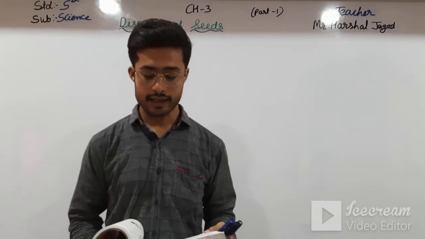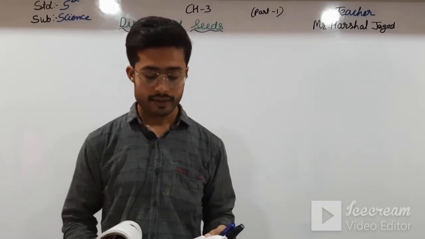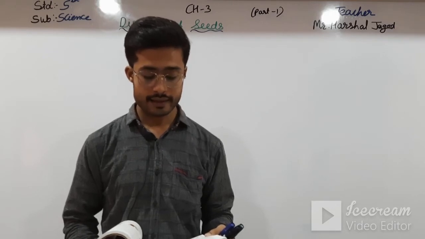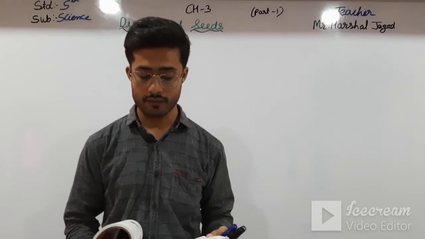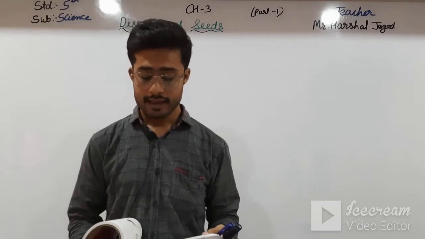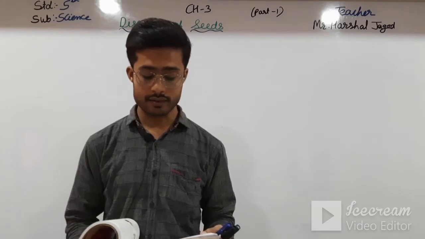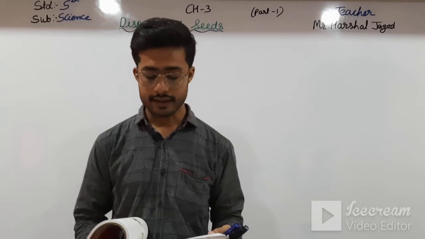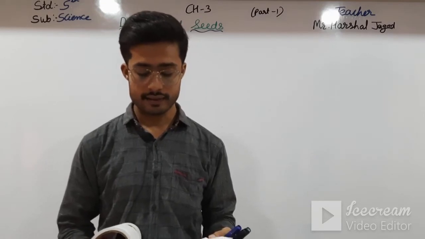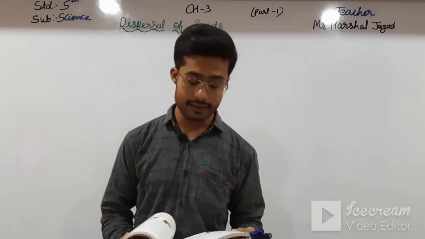They will not get enough mineral salts from the ground. So nature has made sure that the seeds are dispersed far and wide. The scattering of the seeds away from the mother plant is called dispersal. This gives the seeds a better chance to grow into healthy plants.